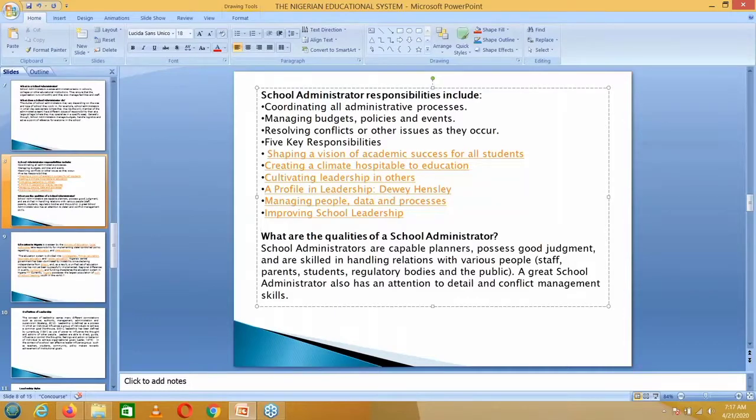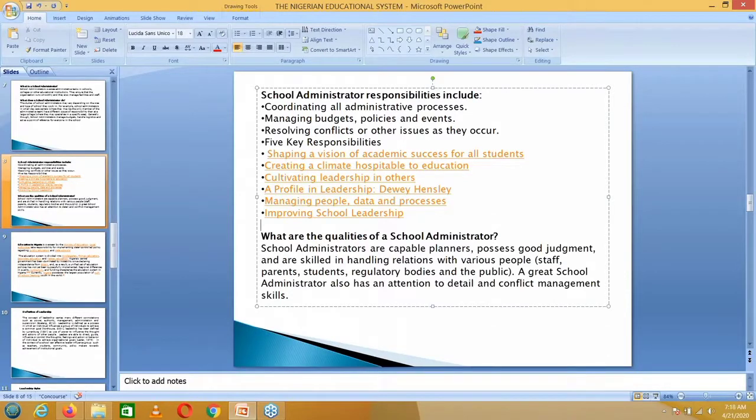Now, let's look at other responsibilities or qualities of a school administrator. School administrators are capable of planning. They are planners, in short. They possess good judgment and skills in handling relationships with various people: the staff, the parents, the students, the regulatory bodies, and the public.